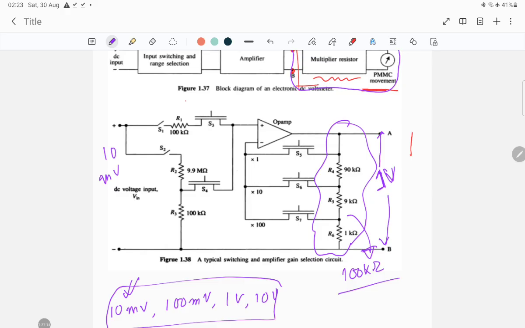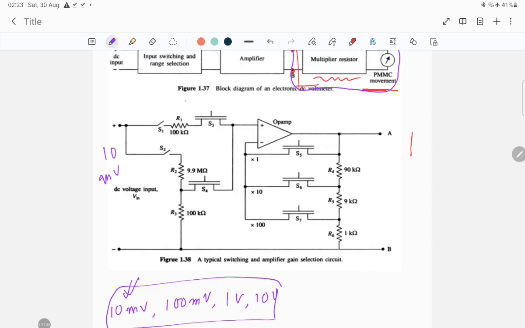At the input side, these portions should also be fixed. The voltage ranges should be fixed; they should not vary. Now the main thing is how the switching will be done.